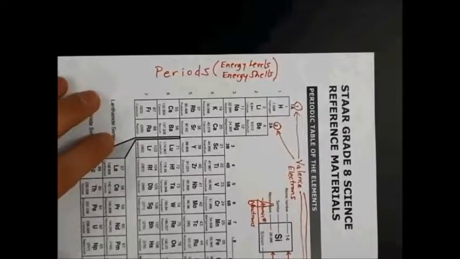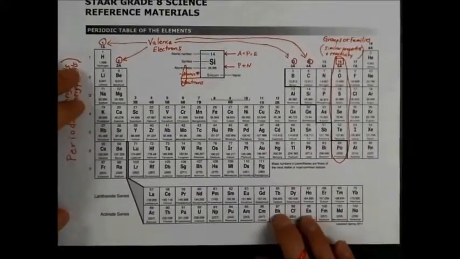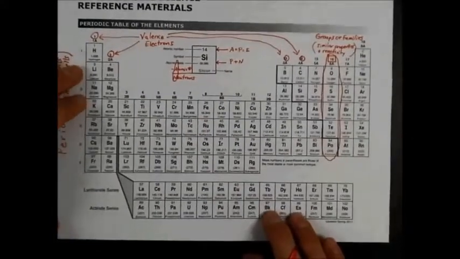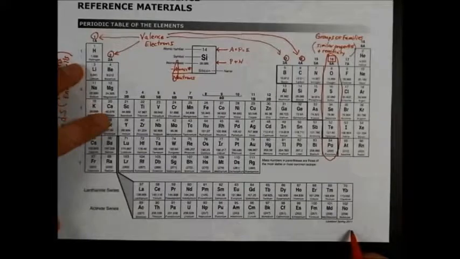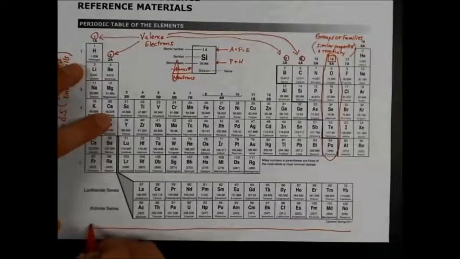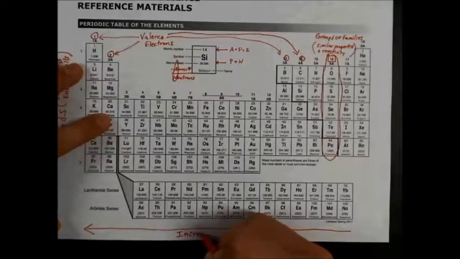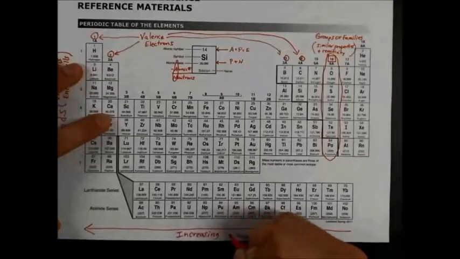Now, we're going to move down to the bottom of the periodic table, and we're going to talk about reactivity real quick. I'm going to draw a big long arrow going from right to left, and I'm going to label it increasing reactivity. So as the arrow moves toward the left, or as the groups move toward the left, they get more reactive. So we're just going to write increasing activity down towards the bottom.